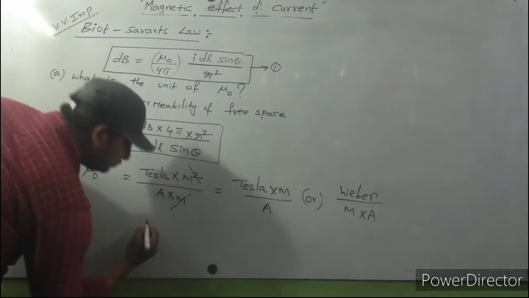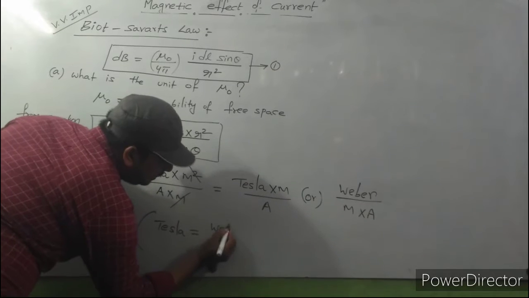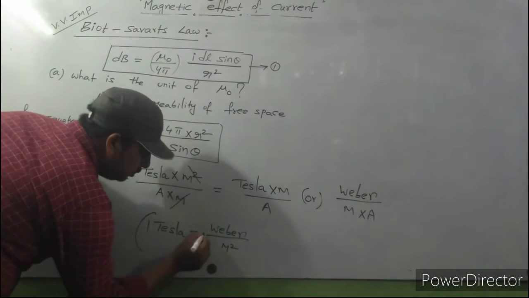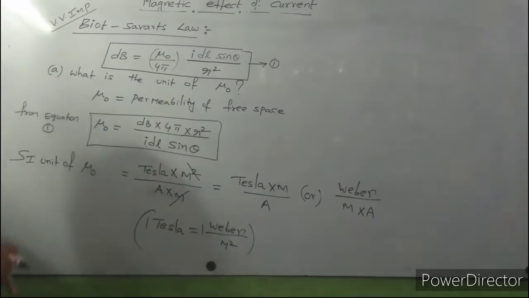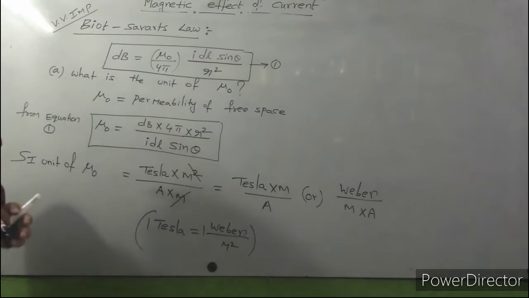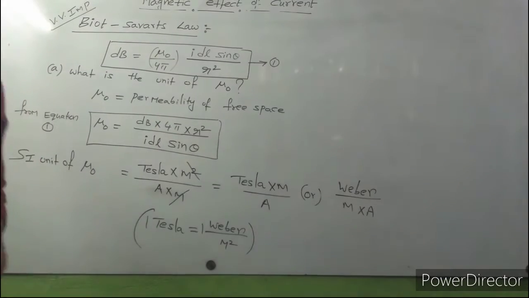Here Tesla is equal to Weber per meter square; 1 Tesla is equal to 1 Weber per meter square. So this is the SI unit of mu naught.